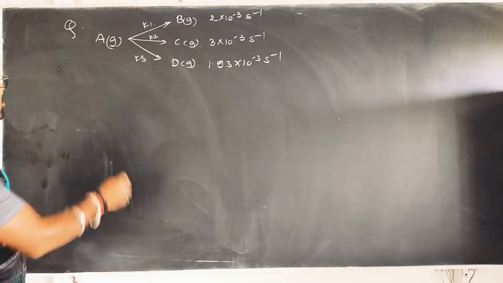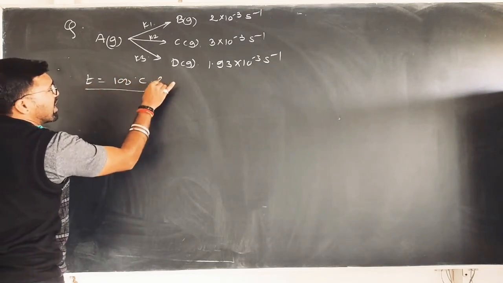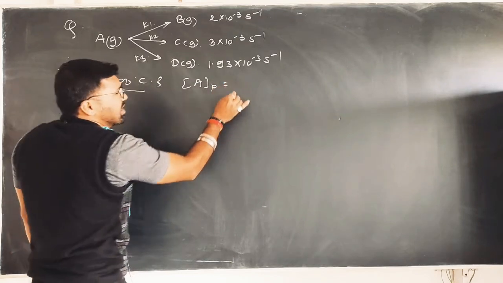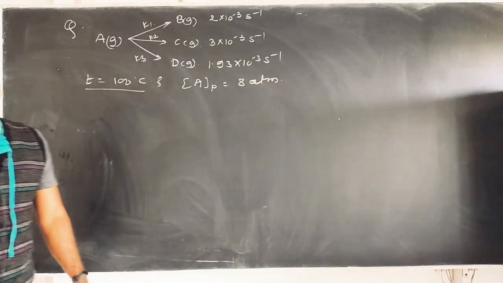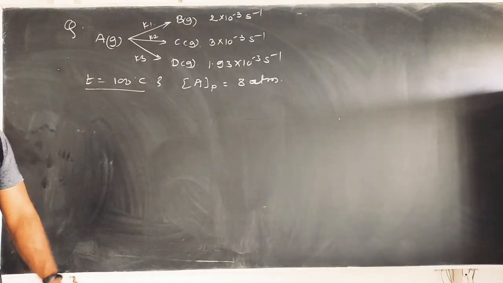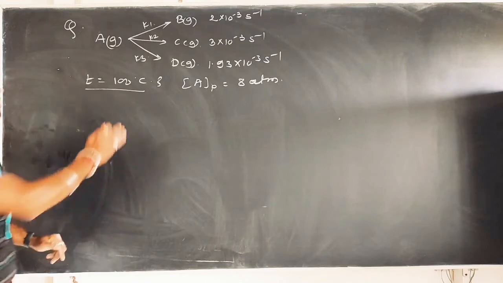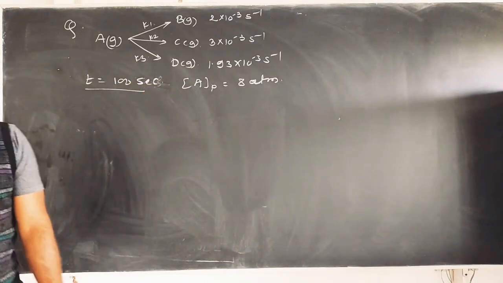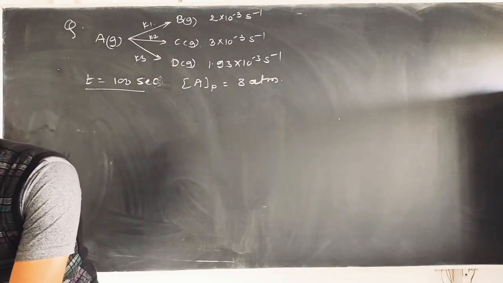The initial pressure of A is provided to you as 8 atm, and they ask what is the partial pressure of B in atm after 100 seconds.